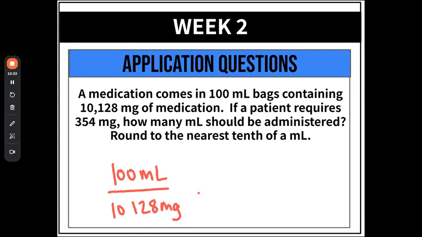And what's the other piece of information that I have? Well, I know that a patient is going to require 354 milligrams of medication. So just like the previous problem, we're going to match up the units. If there's milligrams on the bottom, milligrams are going to go on the bottom again. And then I'm looking for how many milliliters they should be given.